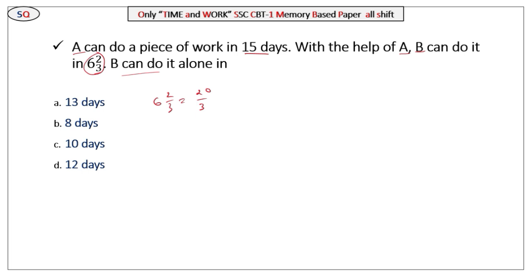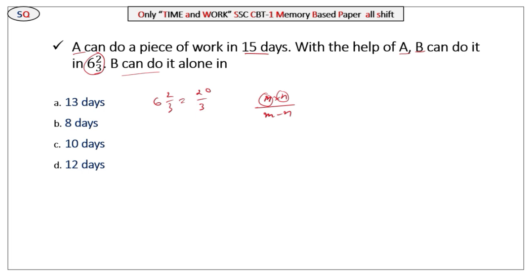With the help of A, B can do it in 6 2 by 3, so we have to subtract. This formula will be MN by M minus N. Suppose A can do in M days and B can do it in N days.